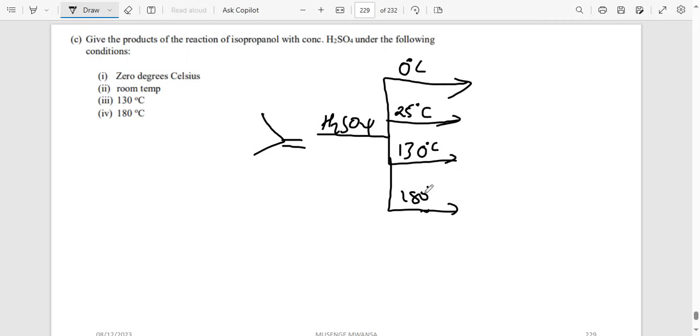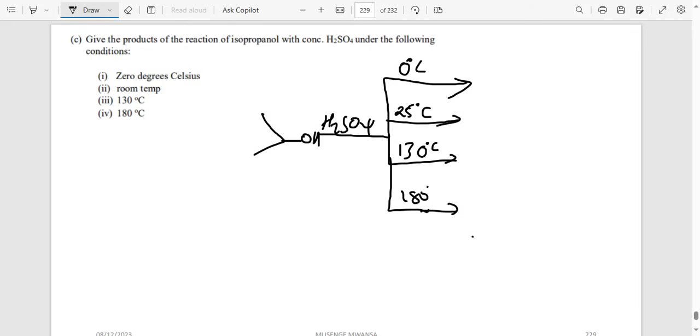Now, what we need to know is that when you react an alkene with sulfuric acid at a very high temperature, like 180, you end up with, sorry, what I wrote here, I wrote something else. This is not a structure we've been told. It's isopropanol. This is an alcohol. So when you react an alcohol with sulfuric acid at a very high temperature, remember we talked about acid catalyzing the hydration of alkenes.